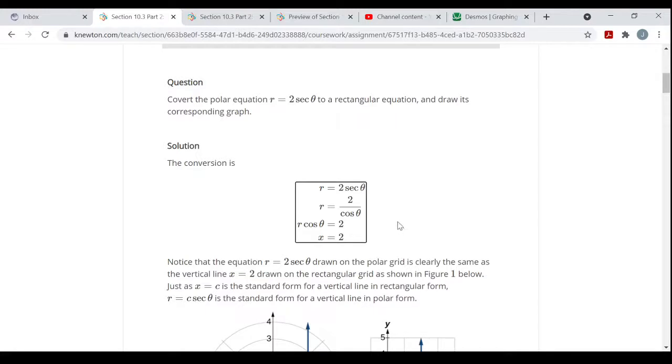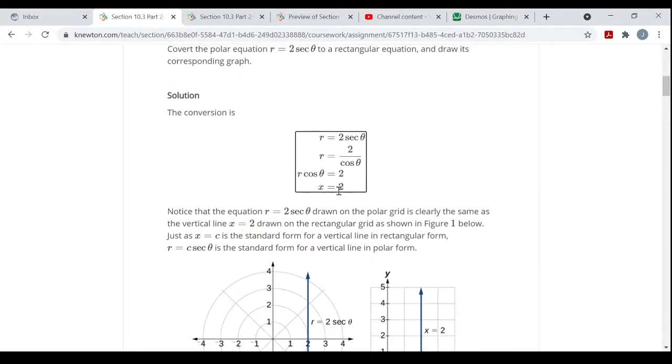We're trying to get r cosine thetas to show up so I can change them into x, r sine thetas to show up so I can change them into y, r squareds to show up so I can change them into x squared plus y squared, or the tangent of theta to show up so I can change it to y over x. Remember all those relationships between the coordinates in rectangular and the coordinates in polar.